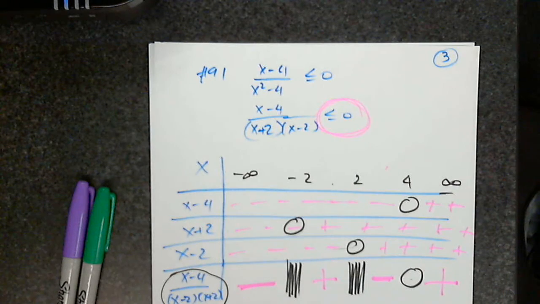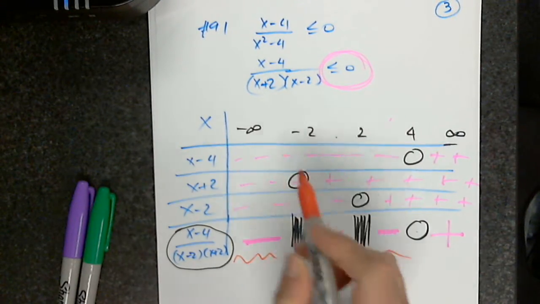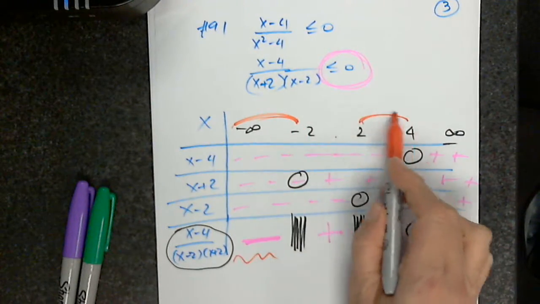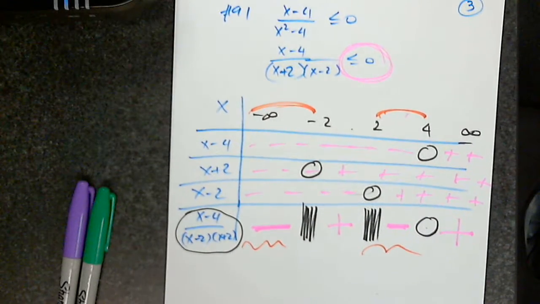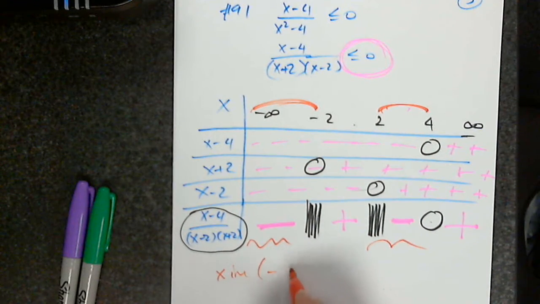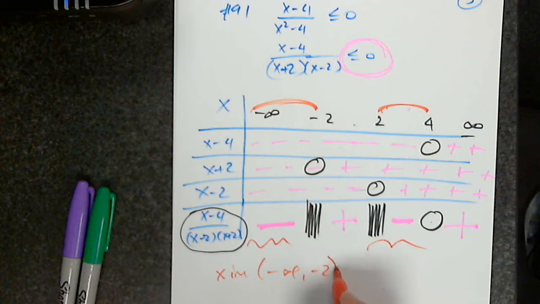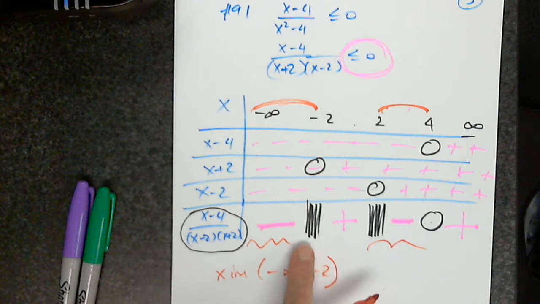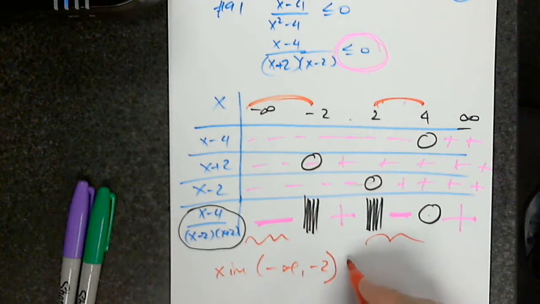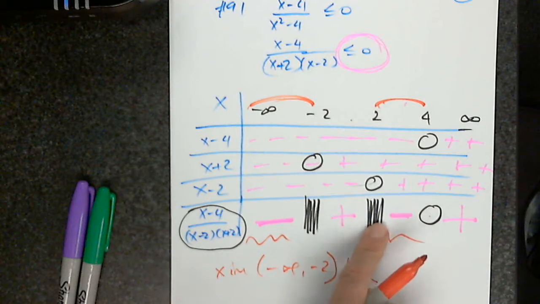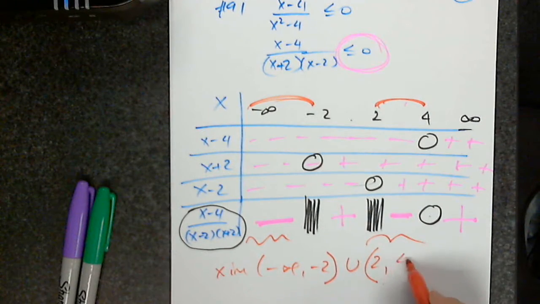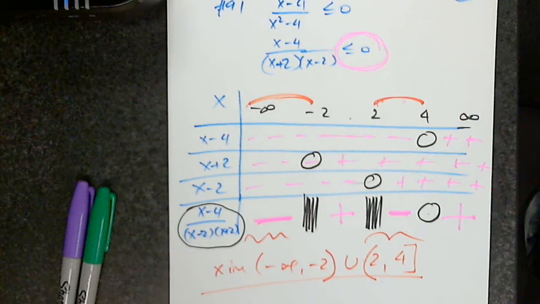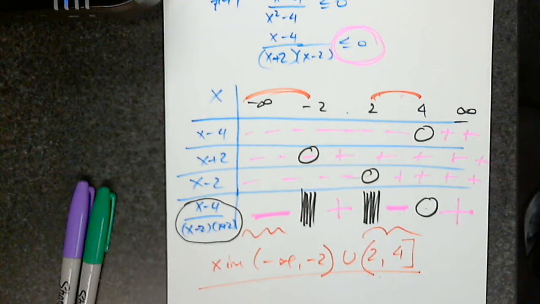Which sign is less than or equal to 0? Negative. So I see negative here and here, which means here and here. So x in the interval negative infinity, negative 2. I cannot include negative 2 because the expression is undefined. And then union, I cannot include 2 because the expression is undefined, comma 4. And that's it. That was 91.